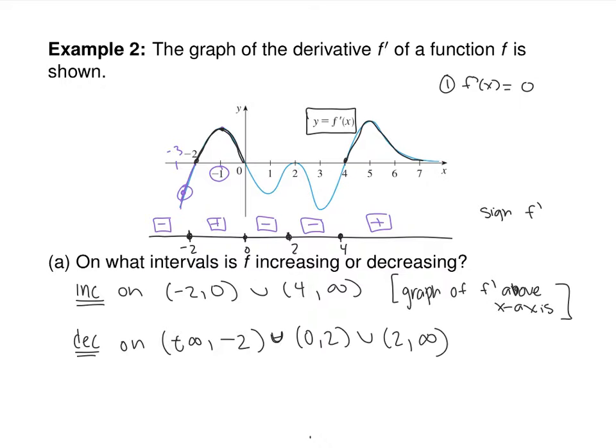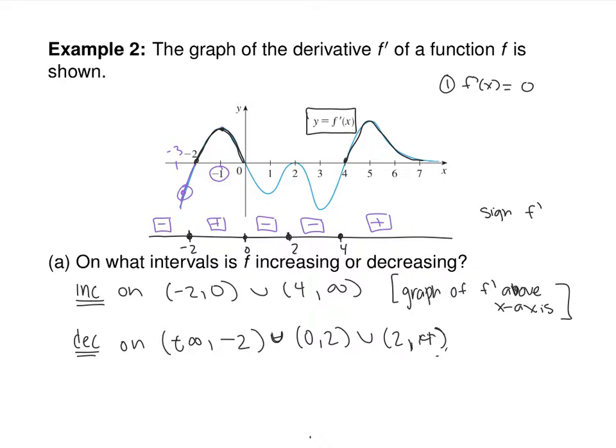And that's a technicality because at 2, the derivative is 0, not negative. It's an in-between number, so it neither increases nor decreases at that one point. Yes? Wouldn't it just be 4 to infinity? Wait, I boo-booed. -2 to 0 should have been that. Yep.